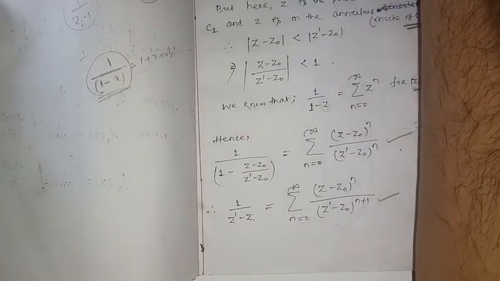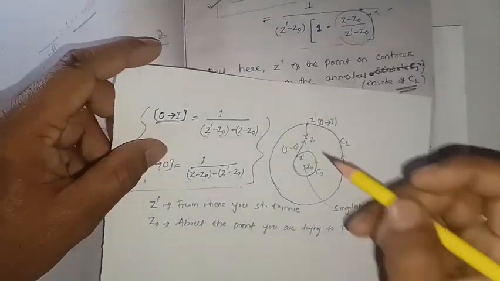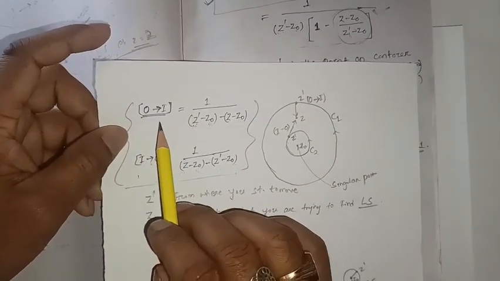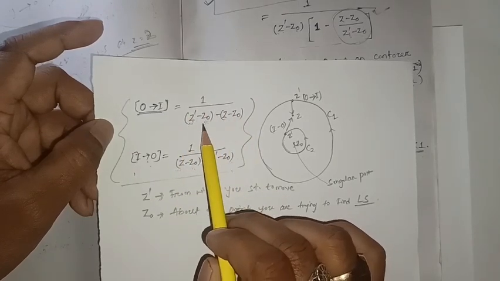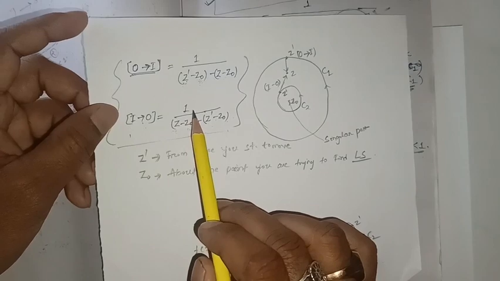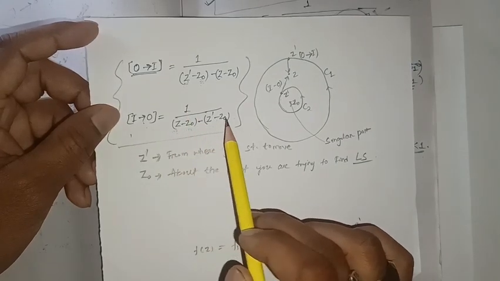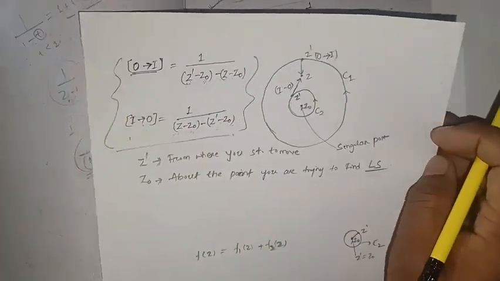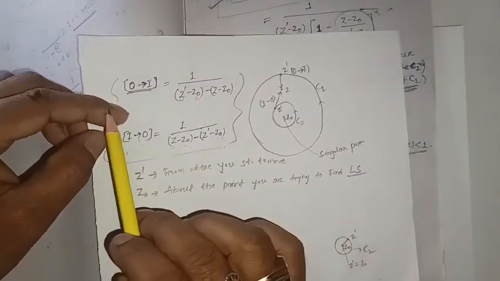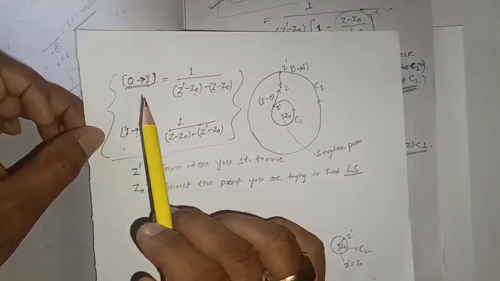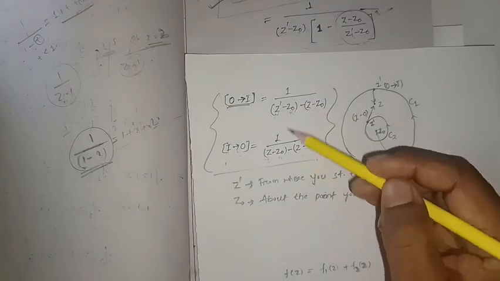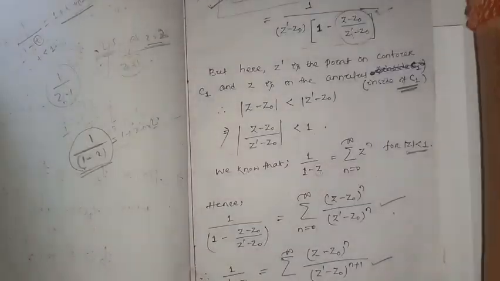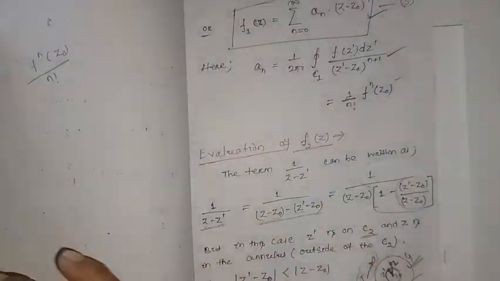That means for the out to in situation, the denominator of the function will be written as 1 by ((z dash minus z0) minus (z minus z0)). For the in to out case we have to write 1 by ((z minus z0) minus (z dash minus z0)). Then we have to check whether it matches the original function. If it matches, no problem. If not, then we have to multiply by minus, as we discussed in the numerical. So these two expressions you have to remember to solve the Laurent series.